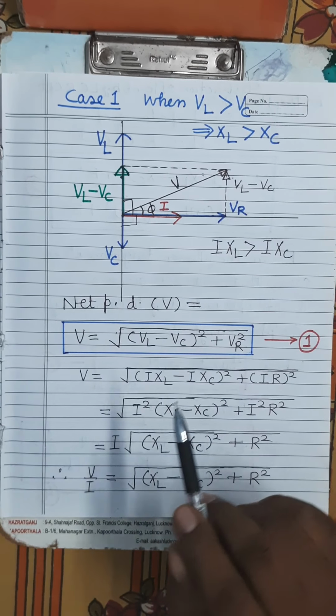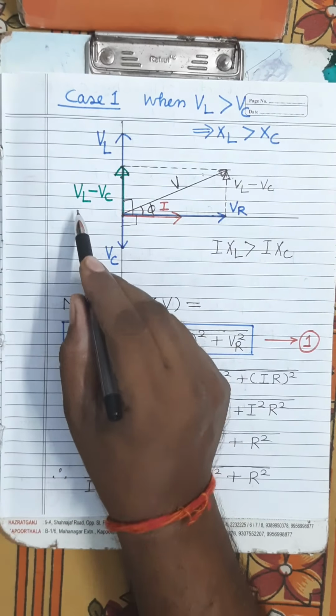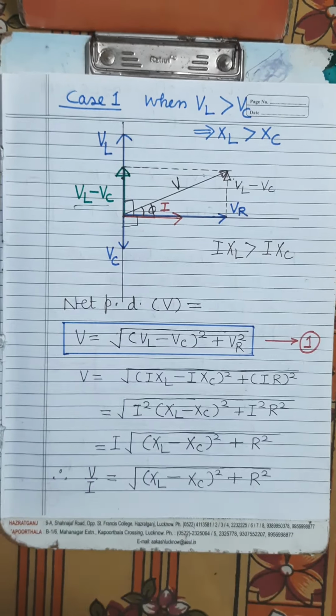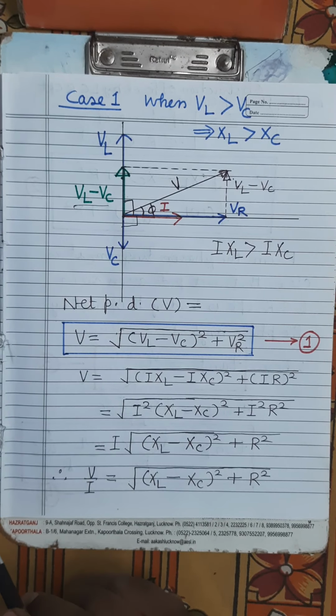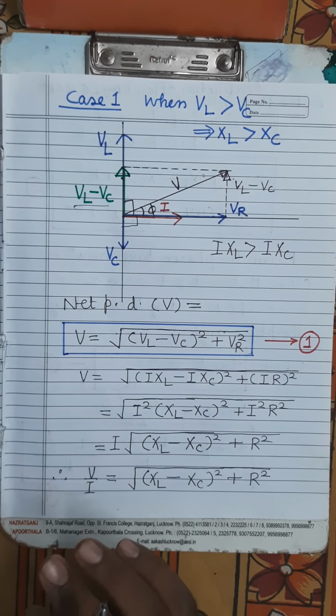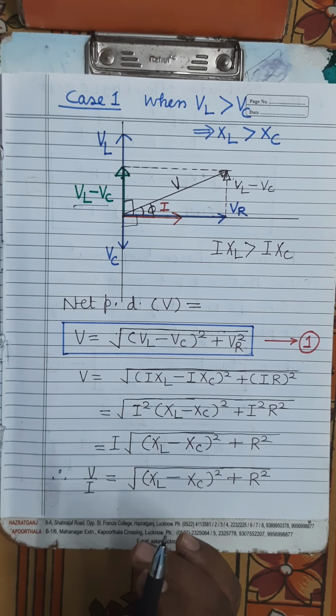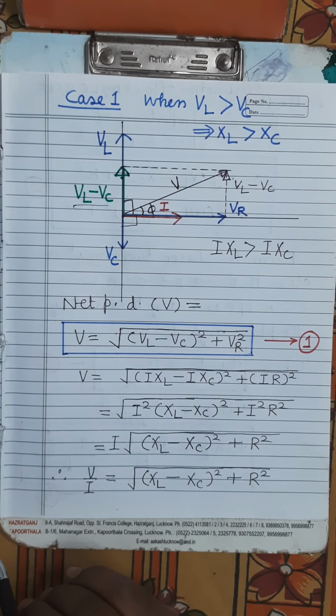So what will be the net potential difference? The net potential difference will be the resultant of this and VR, which you can find by completing the parallelogram. As already I have told, potential difference and current are scalar quantities.